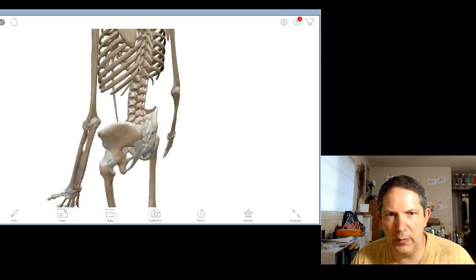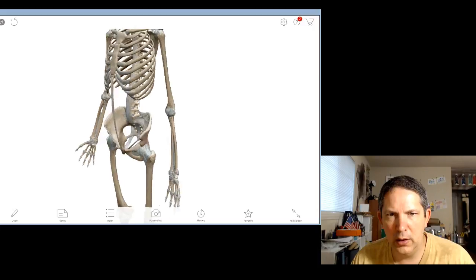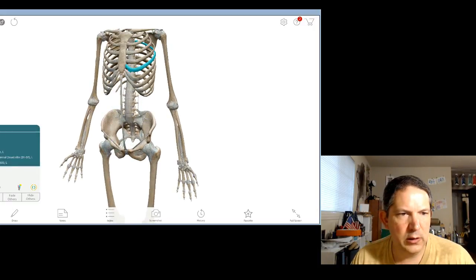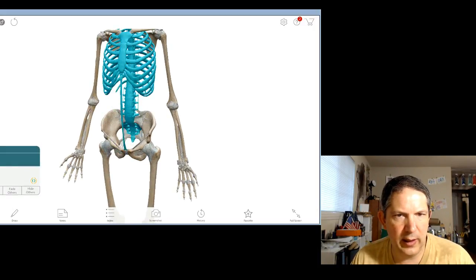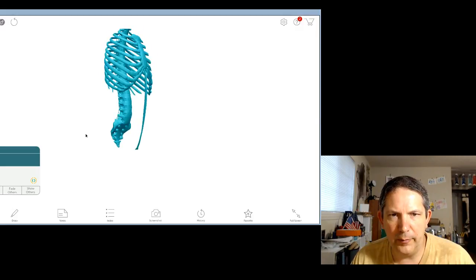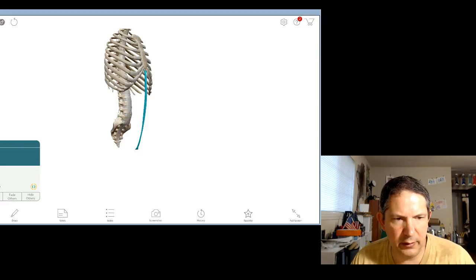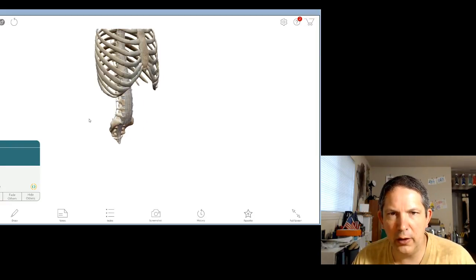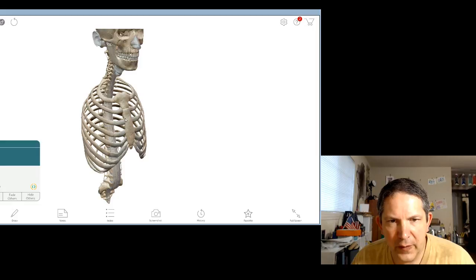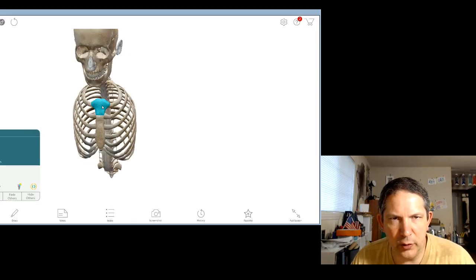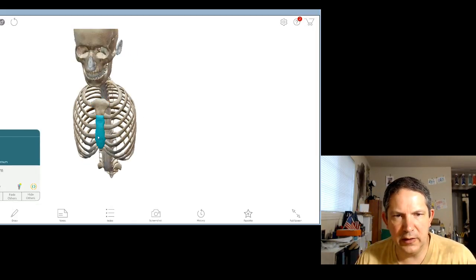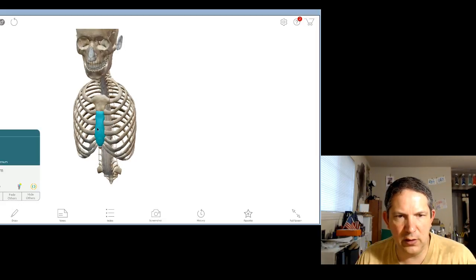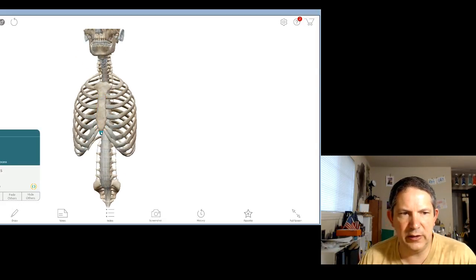Oh no, it's not it, because I didn't talk about the ribs. Let me just briefly talk about ribs. So go back to just the axial skeleton, hide the others. And all those ligaments that I was carefully hiding at first are back. Sternum. This is the manubrium of the sternum. This is the body or gladiolus of the sternum, and this is the xiphoid process.